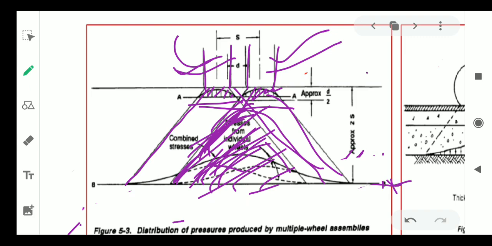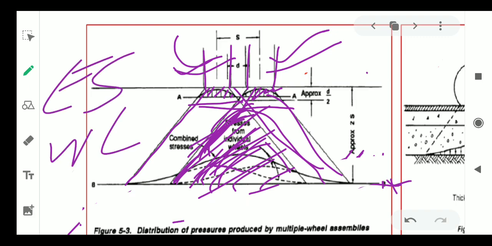We will discuss ESWL, equivalent single wheel load system, later in the design of the rigid pavement. Okay, not here.